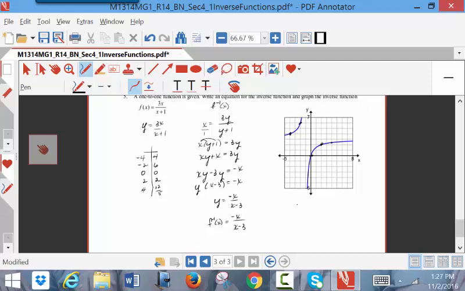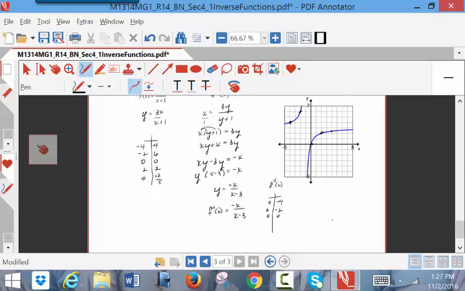So my inverse function would have to go through those points switched. So instead of -4, 4, it'd be 4, -4, then 6, -2, the origin, 2, 2, and then 12/5, 4.